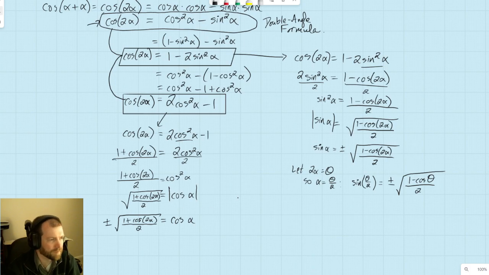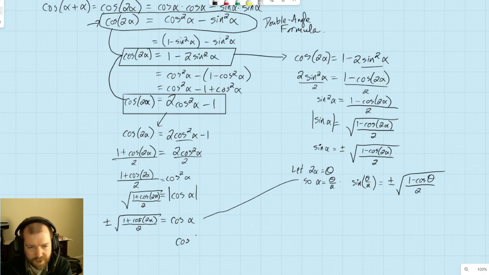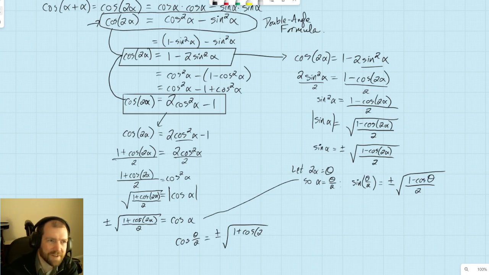And then again, do this over here too. So the cosine of theta over 2 is going to be equal to plus or minus square root of 1 plus cosine of 2 alpha. Nope. Cosine theta. All over 2.